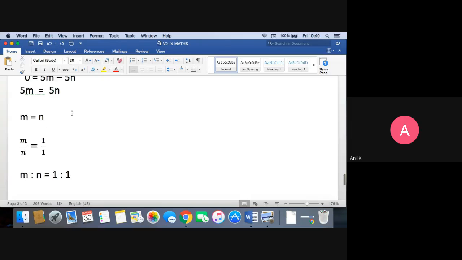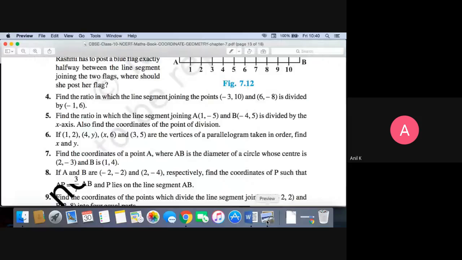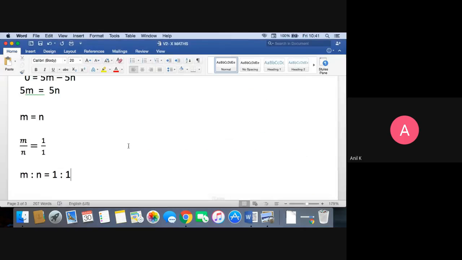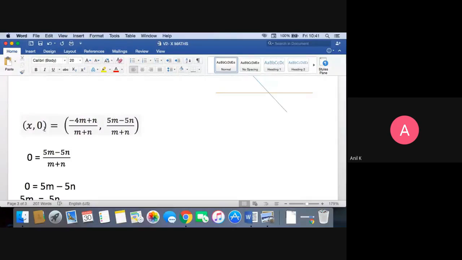Now you know m is to n. The question is find the ratio, so I got the ratio is 1 is to 1. But they ask one more thing also: find the coordinates of the point of division. That means I have to find my point of division, x comma 0. If I want to find the coordinates, I should know the x value.